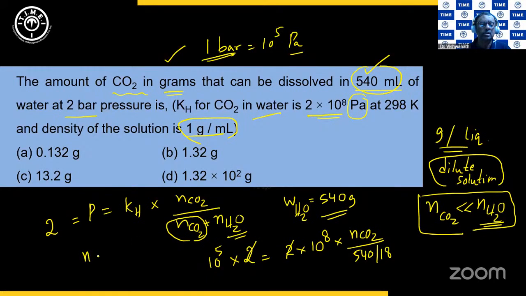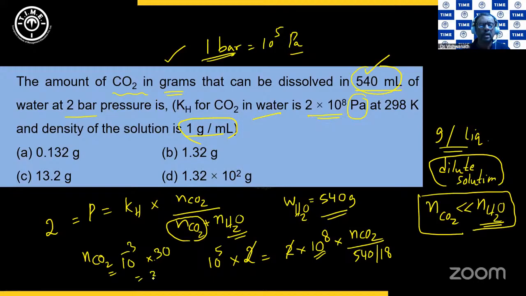So number of moles of CO2 equals, carefully look at that. This 10 power minus 8, when it goes to the other side, it becomes 10 power 8 in the numerator. So 10 power 5 minus 8 is 10 power minus 3. Into, what is this? 540 by 18, 18 3s are 54, so into 30.